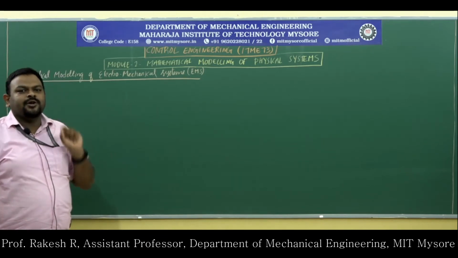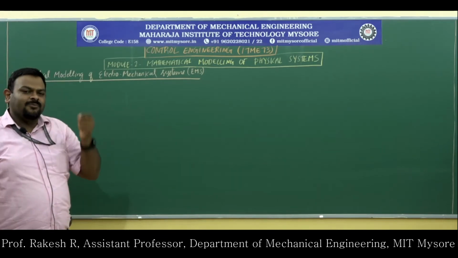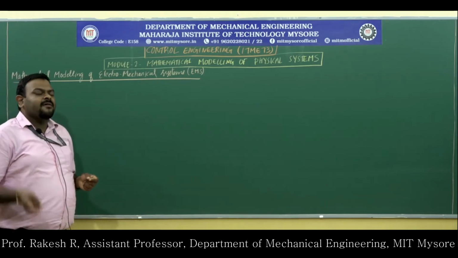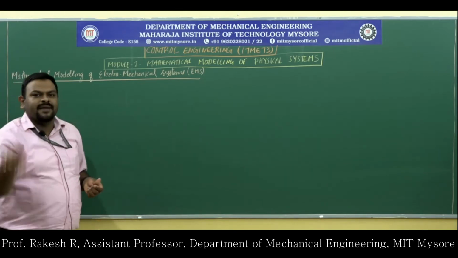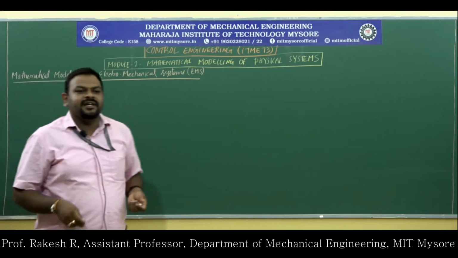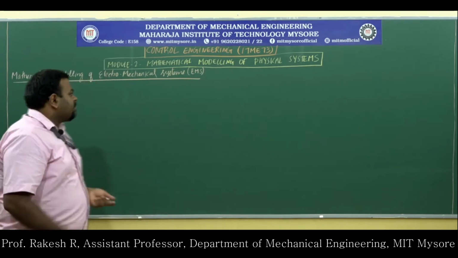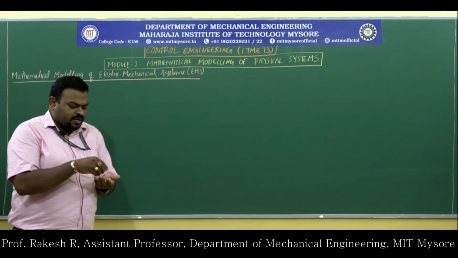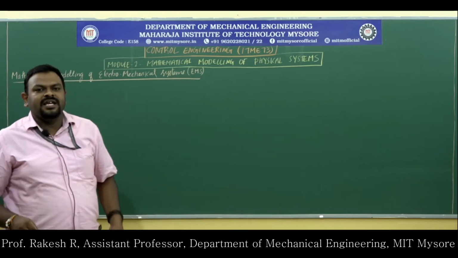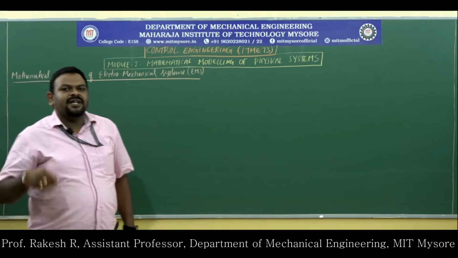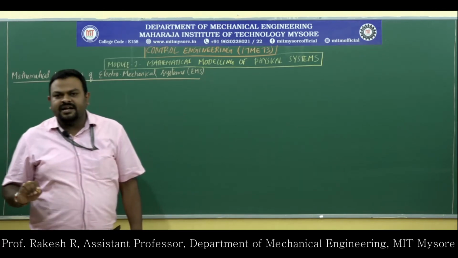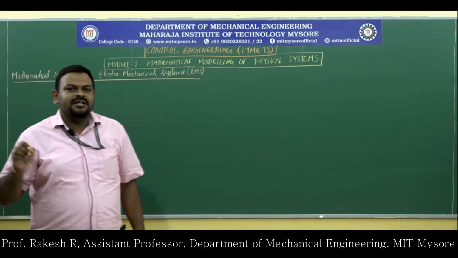Here, this is an electromechanical system wherein both electrical as well as mechanical systems are incorporated. In electromechanical systems, you have two derivations. One is the armature controlled DC motor and the other is the field controlled DC motor.